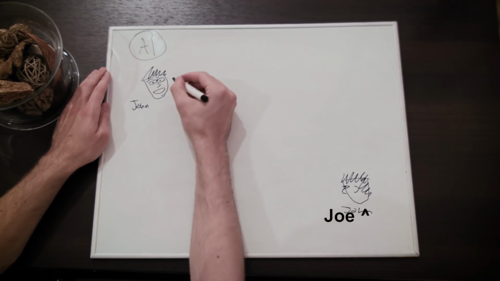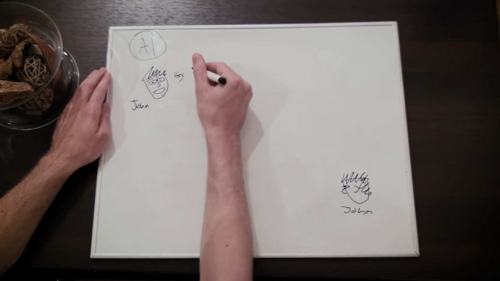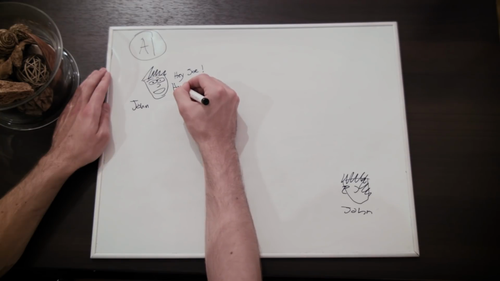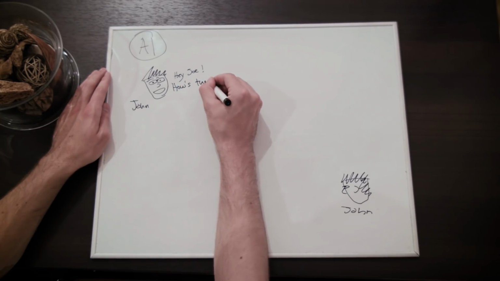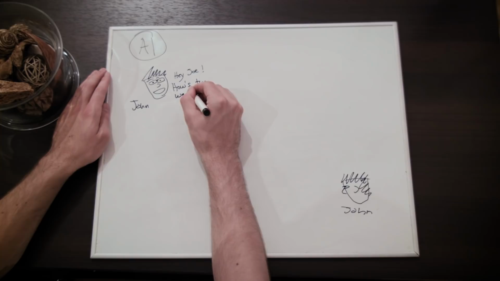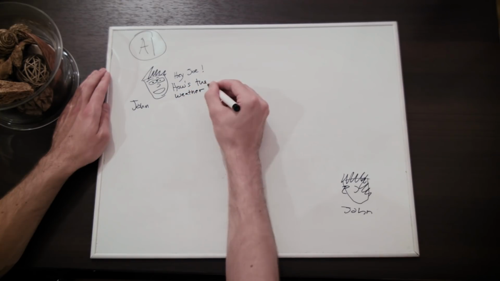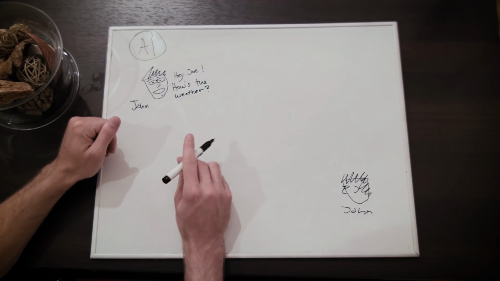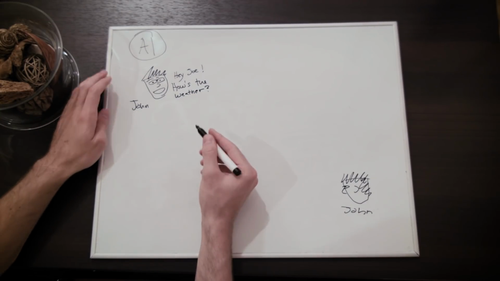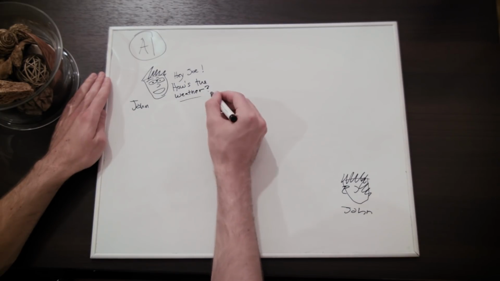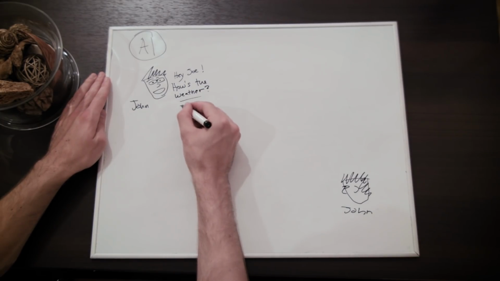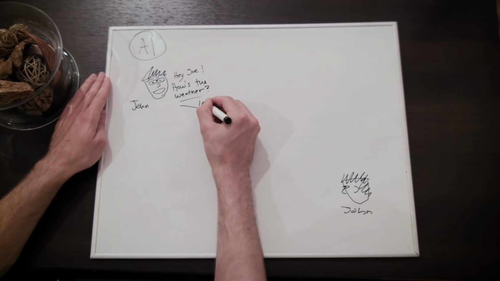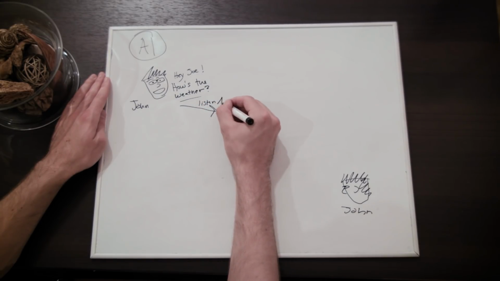John says to Joe, "Hey Joe, how's the weather?" In order for John to answer this question, he has to think about a bunch of different things. So since this is probably audio, he has to listen to the audio.